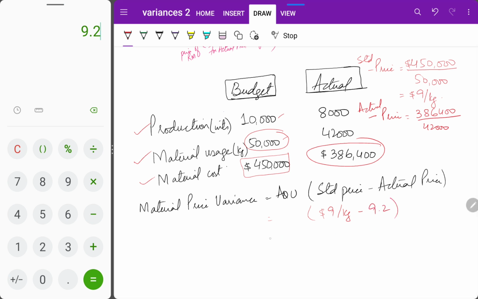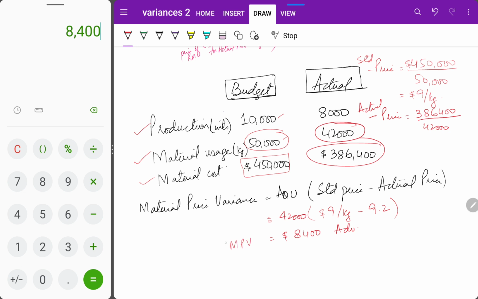This means that we bought material at higher prices, so obviously this is an adverse variance again. Multiply by actual consumption, which is 42,000: 0.2 times 42,000 is 8,400 adverse. So this is basically material price variance.